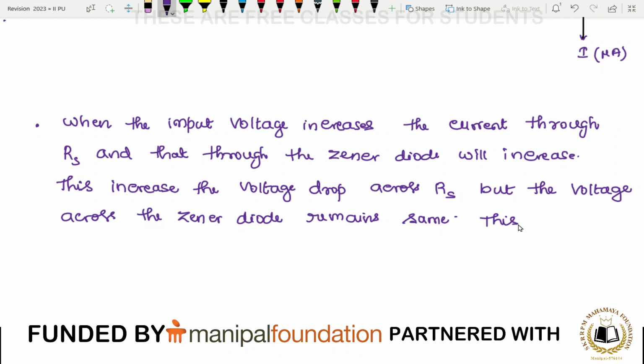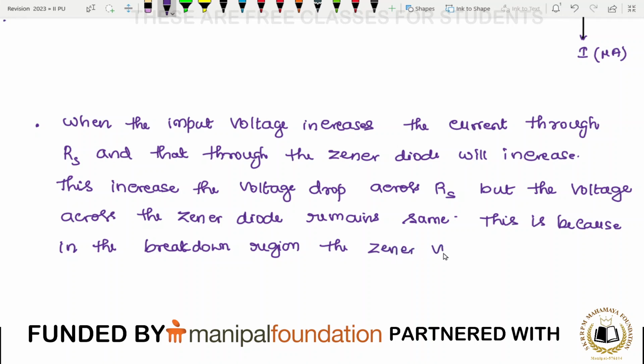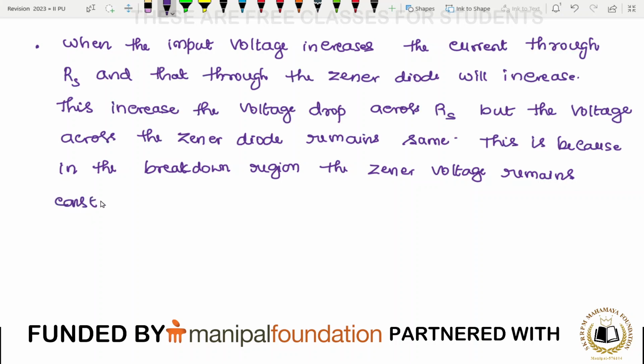This is because in the breakdown region, the Zener voltage remains constant even though the Zener current varies.